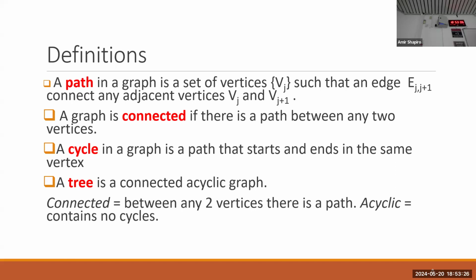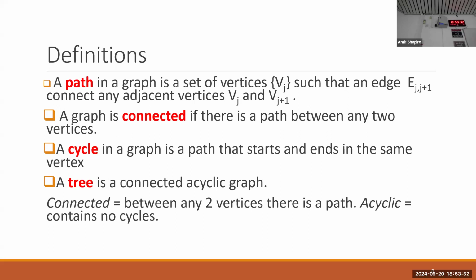So it's a path that goes all the way through many vertices and ends at the same point. This is a cycle. And a tree is a graph which is connected, so there is a path from any point to another, but it does not have a cycle. A tree is a connected acyclic graph.